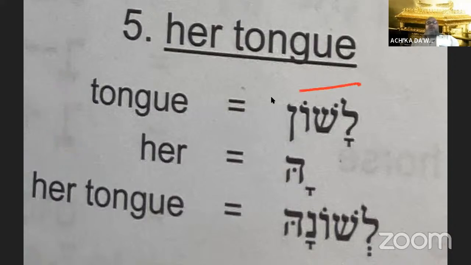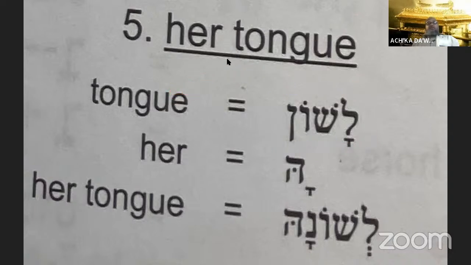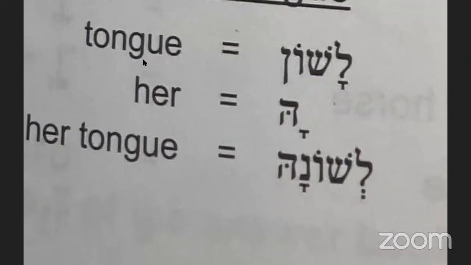So when we talk about the lashon, we know that's one of the vocabulary words. It's your tongue. So if it's her tongue, it's called what? Say lashon. So what would it be? Lashona. Yes.